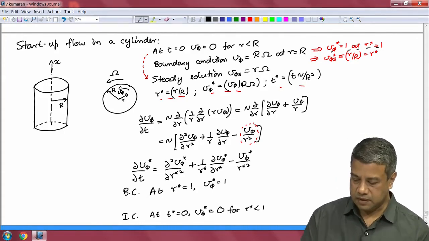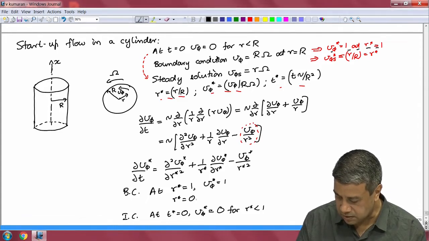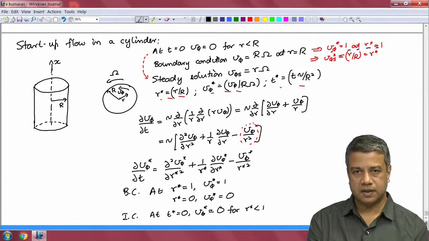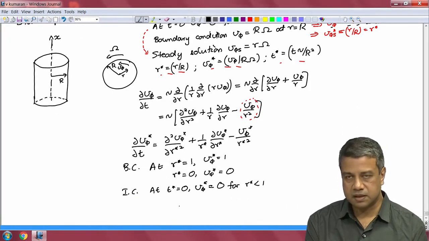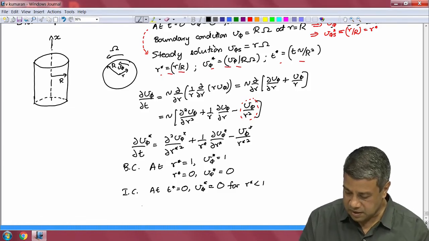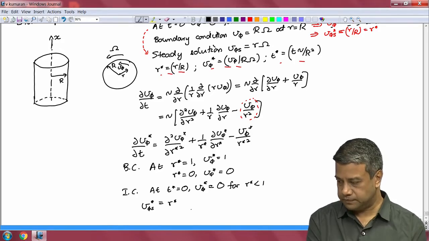Therefore, the symmetry condition is that at r star is equal to 0, V phi is equal to 0. Those are the initial and boundary conditions, and we have the steady solution V phi steady equal to r.